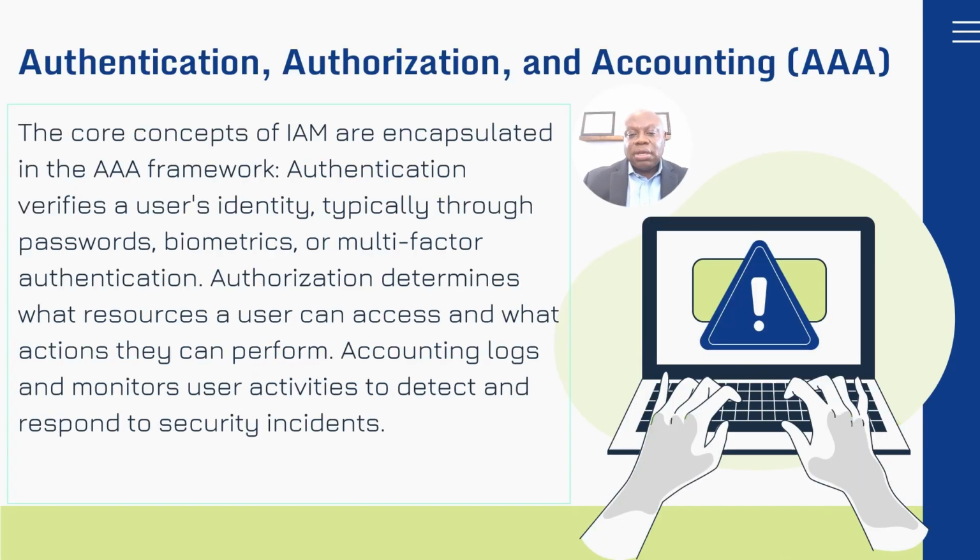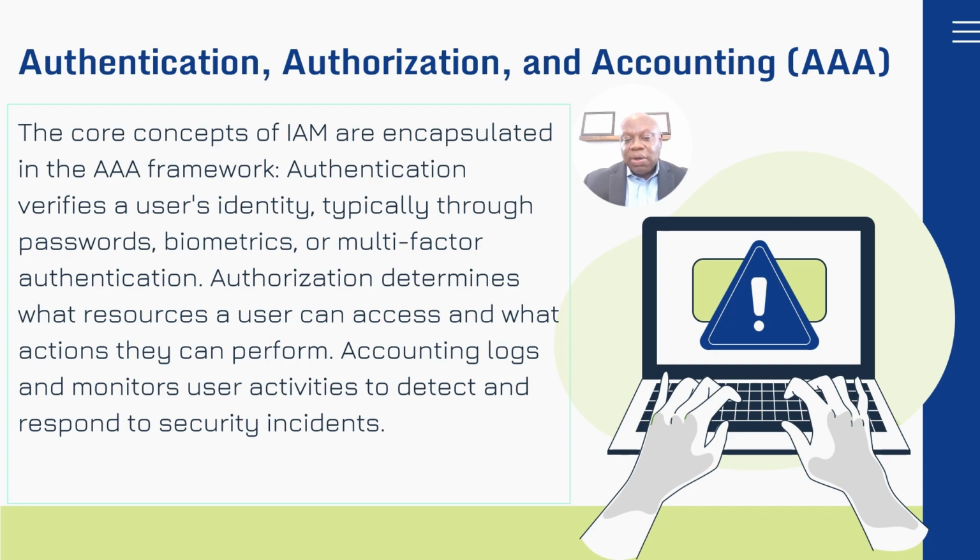The core concept of identity access management is really encapsulated into the AAA framework. Authentication is going to verify that user's identity, typically through a password, biometrics, or some level of multi-factor authentication. The authorization is going to determine what resources a user can access within the environment, the network, applications, and what they could perform.